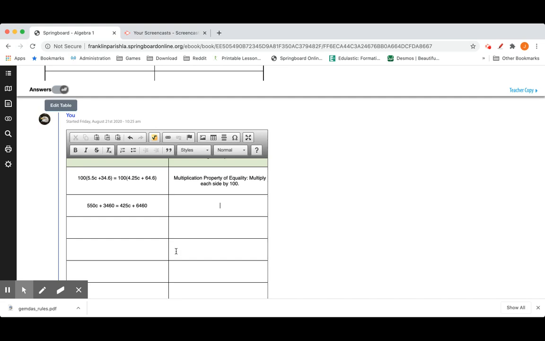As long as it's on the opposite side of the constant numbers, it would be fine. Let's just move them to the left. So since it's 425C here, to get rid of it, you would want to subtract 425C from both sides.